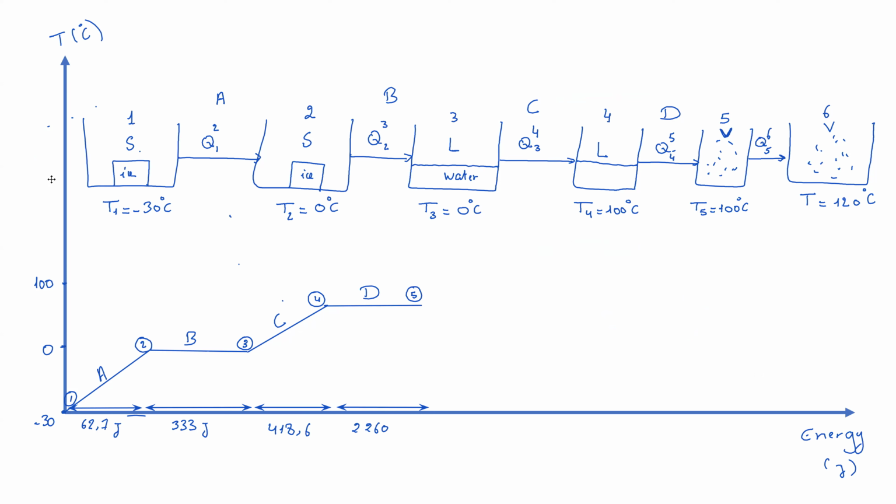The final one, we pass from 5 to 6. The temperature increases from 100 to 120. As we have same phase, so Q equals to MC delta T. Delta T, T final, let's say T6 minus T initial, T5. We have steam, it's a given value.